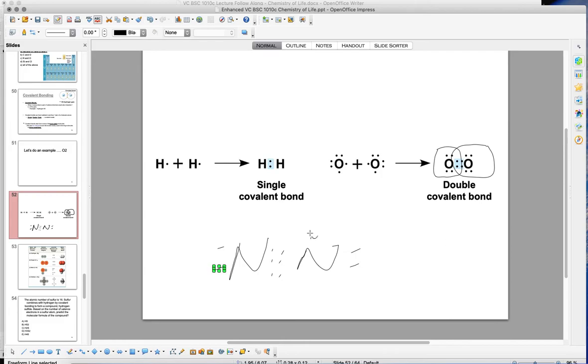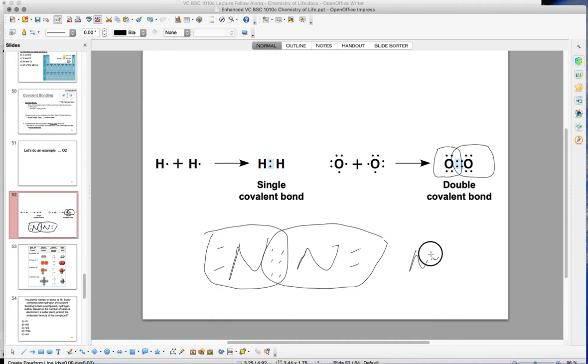Okay, so when you look at this, this would be 1, and they're sharing now 3 pairs as opposed to 2 pairs. And so we think 1, 2, 3, 4, 5, 6, 7, 8, nitrogen's happy. 1, 2, 3, 4, 5, 6, 7, 8, this nitrogen's happy. So this is N2 gas. So this is a single covalent bond, double covalent bond, triple covalent bond.